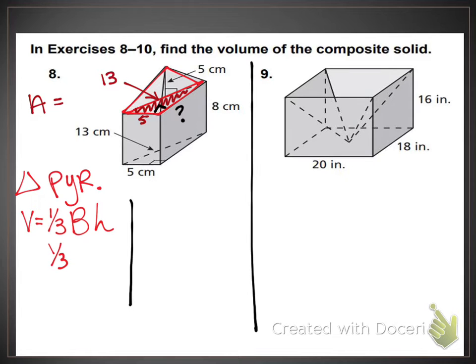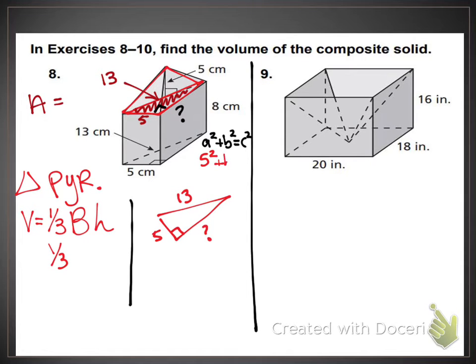Pythagorean theorem. So we're going to do a squared plus b squared equals c squared. So we are missing, we could say b. So we have 5 squared, because essentially we just have a right triangle, a 5, a 13, and we don't know this side. We need it though.